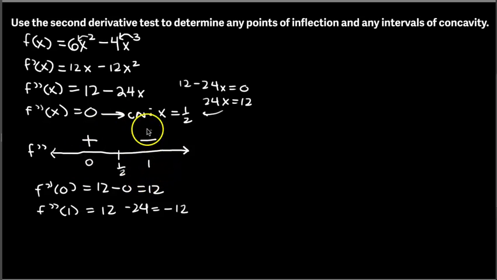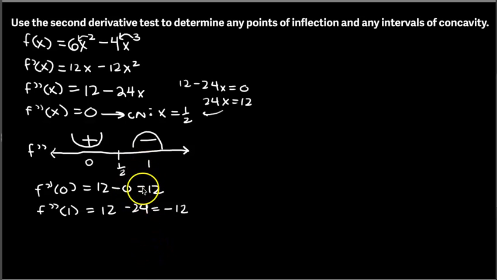So what does this number line tell us now? Now that we've completed this number line, we can assume that since f double prime of x is positive over here and is negative over here, that means that the graph of f of x must be concave up over here and must be concave down over here.